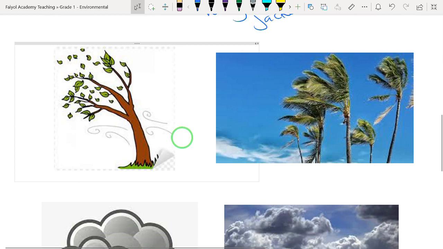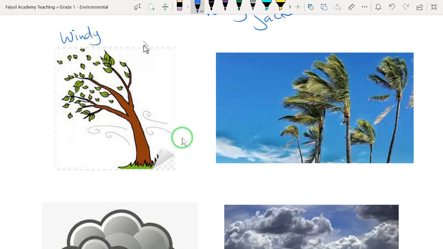Another kind of weather condition is called windy. Windy is when there is a lot of moving air. So the moving air will cause the trees to bend on one side. So clearly the air is moving from this direction and towards this direction.